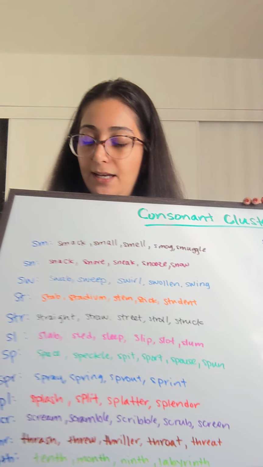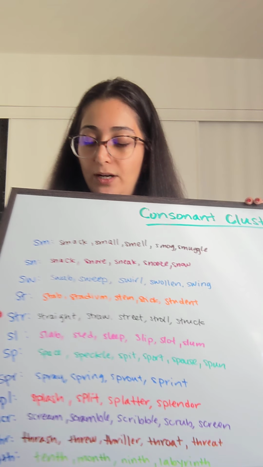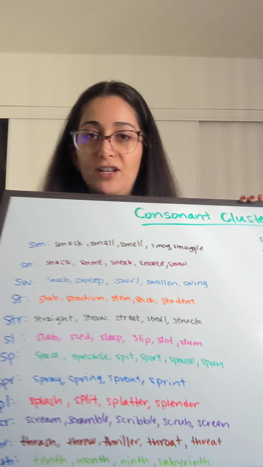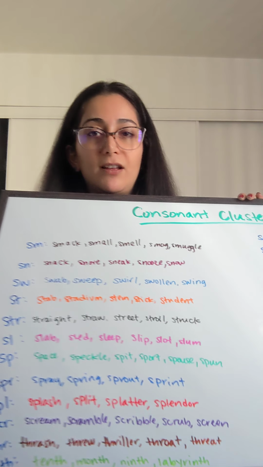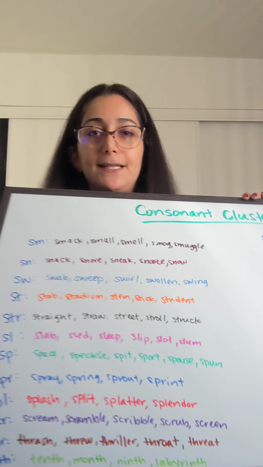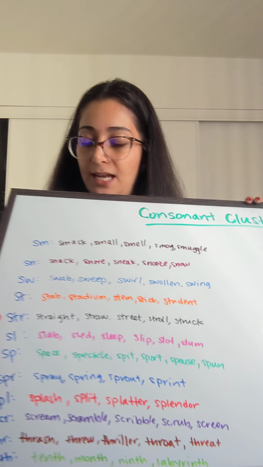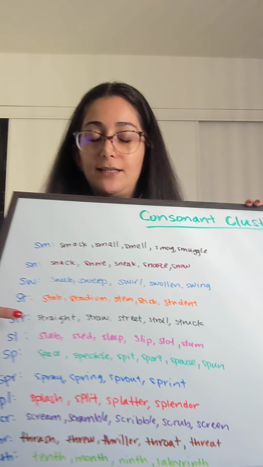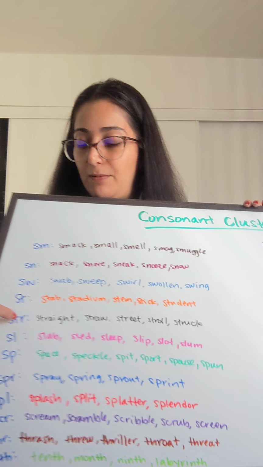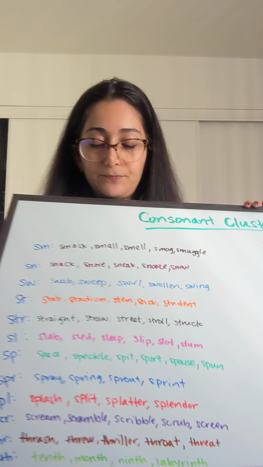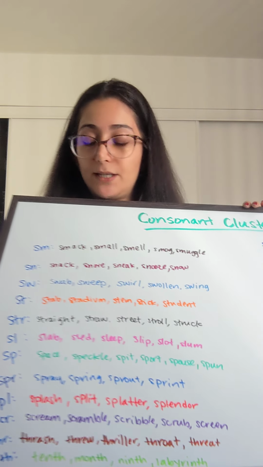The same thing happens here where there's a tendency to add vowels. In a lot of languages that doesn't happen, so we want to stick vowels there. It makes it easier, but don't do that. Don't do things like esterate. You don't want to do that. Try to practice just sticking those sounds together.